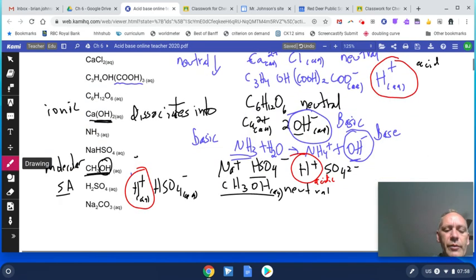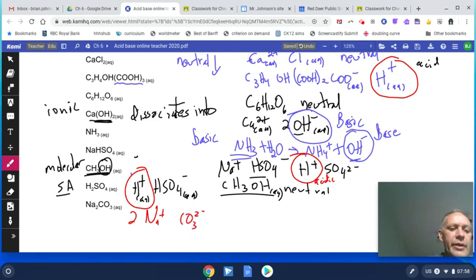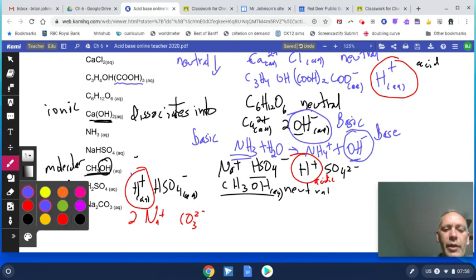And this last one's tricky. It's an ionic compound. We break it apart. There's 2 Na plus and a CO3 2 minus. And the CO3 2 minus can react with water to make HCO3 minus and OH minus.